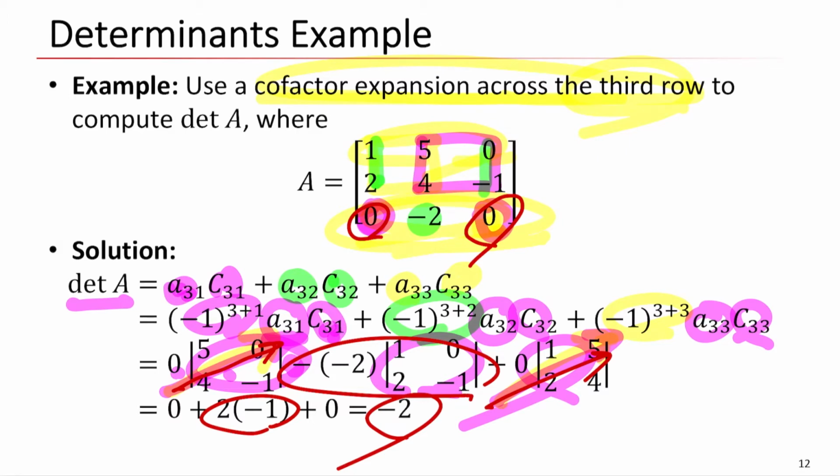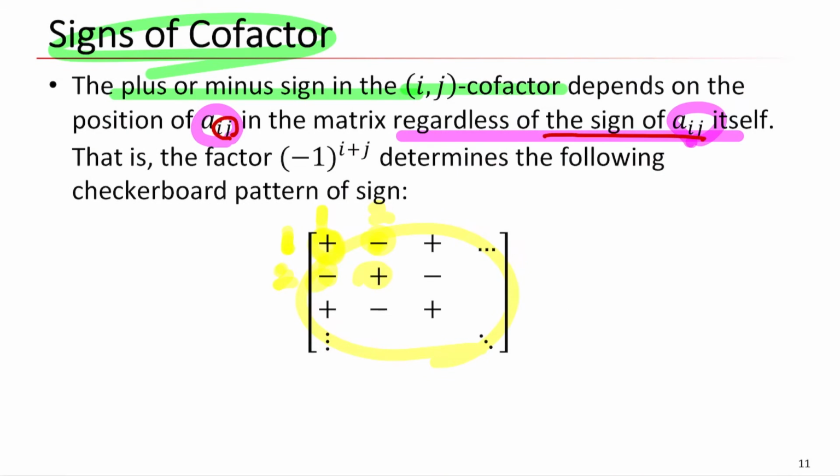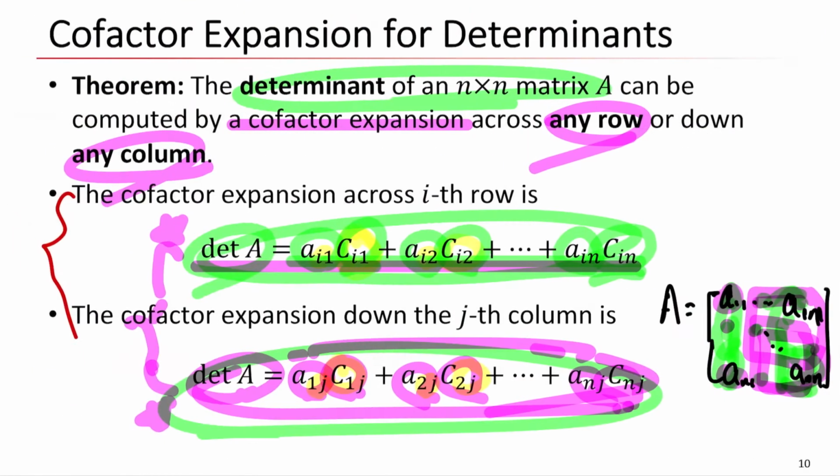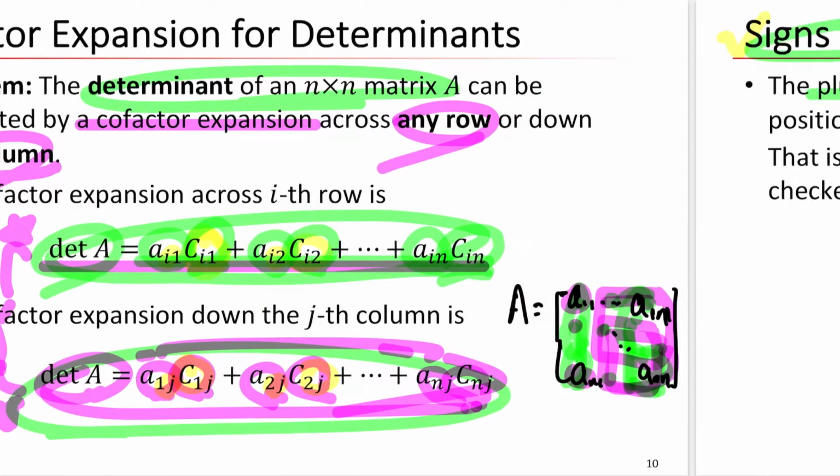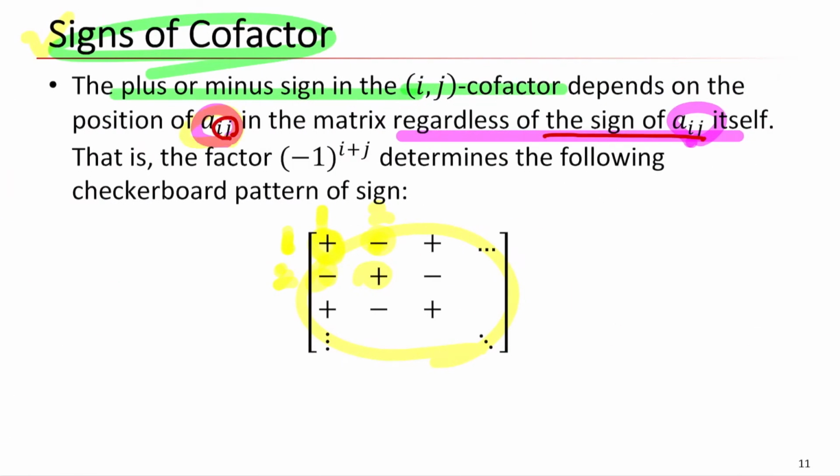Before that, we also have to know the sign of the cofactor, right? Here, we have to notice that the sign of the cofactor does not depend on the sign of aij itself, but on the position of aij in the matrix.